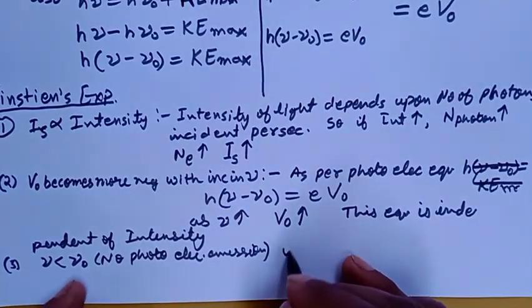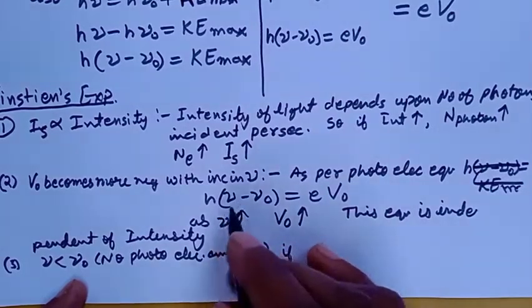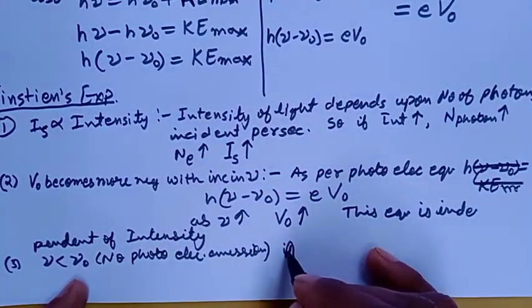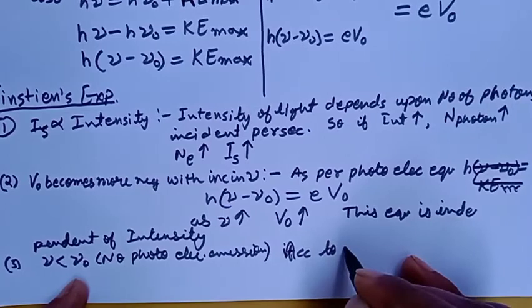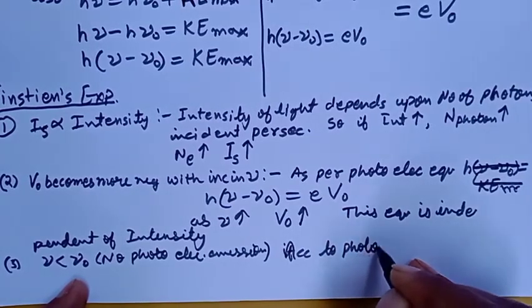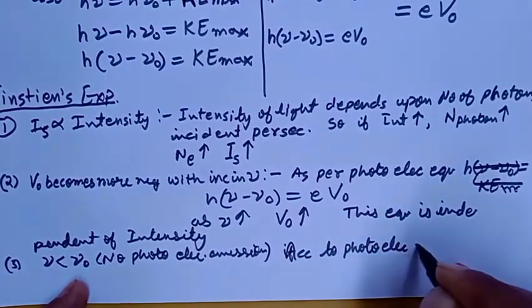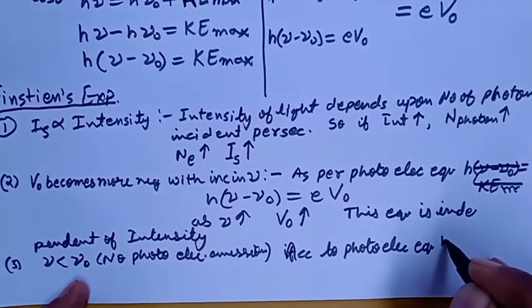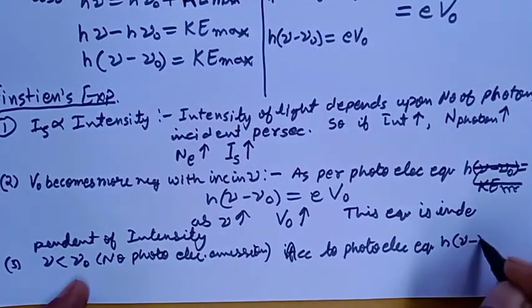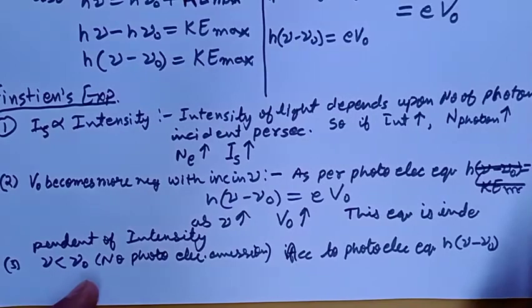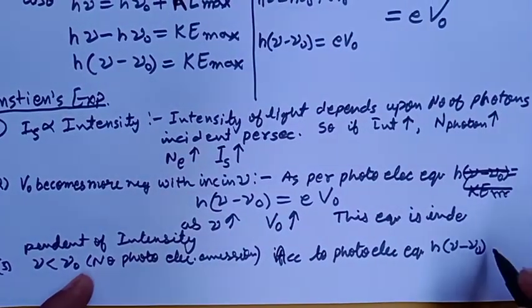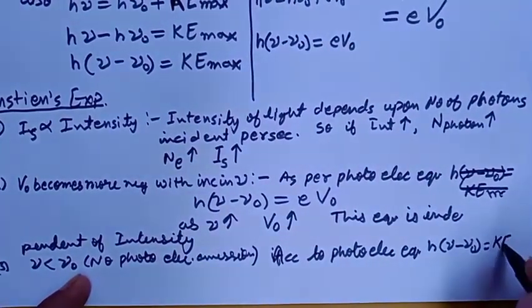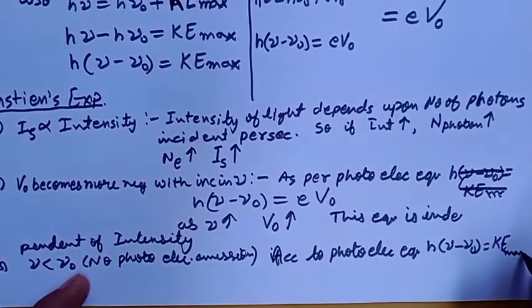Because according to the photoelectric equation, h nu minus nu naught equal to KE max.